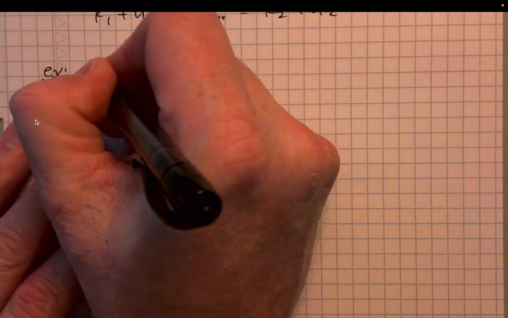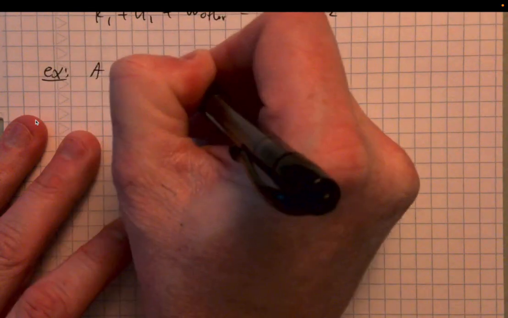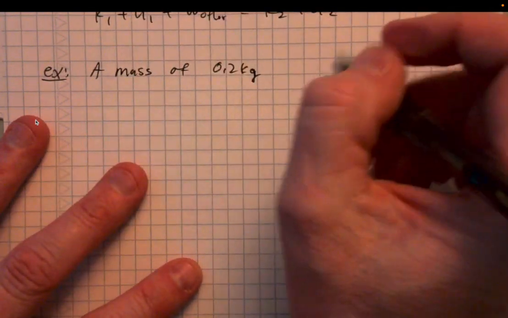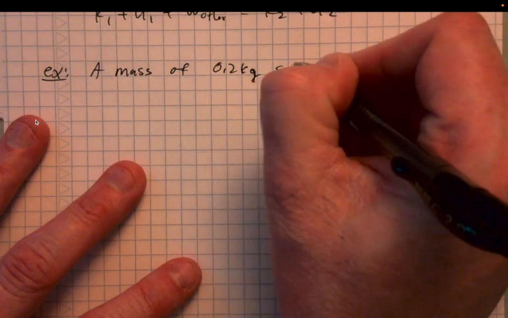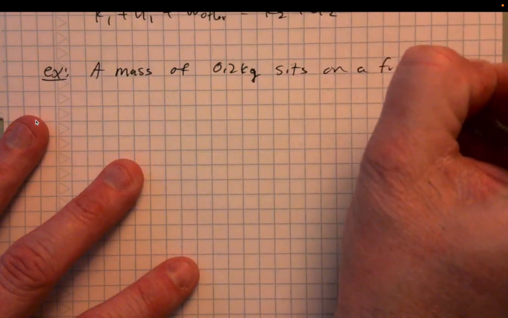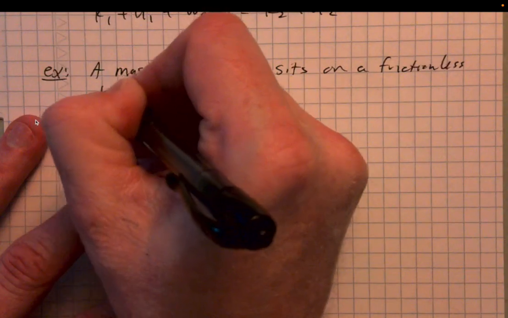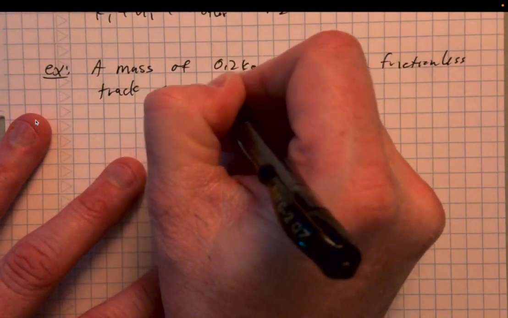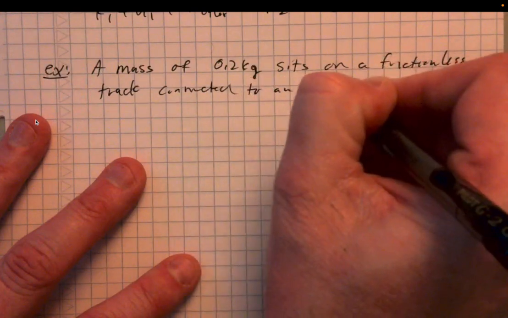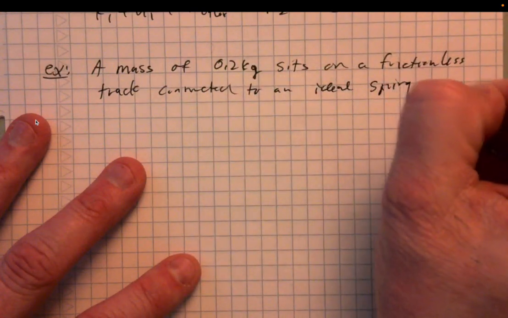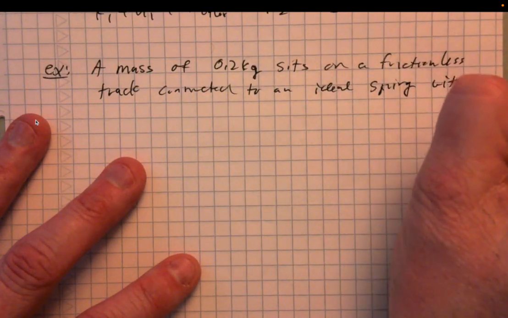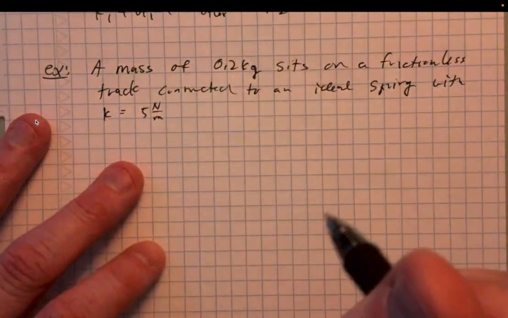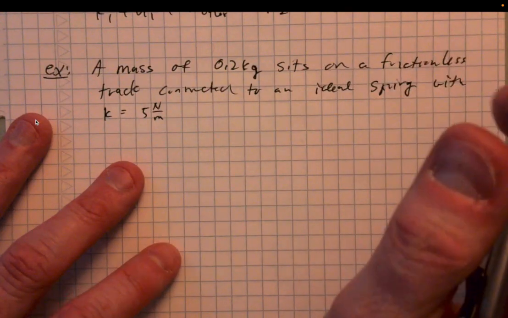A mass of 0.2 kilograms sits on a frictionless track connected to an ideal spring with the spring constant equal to 5 newtons per meter.